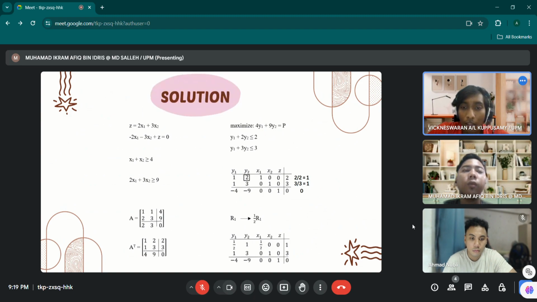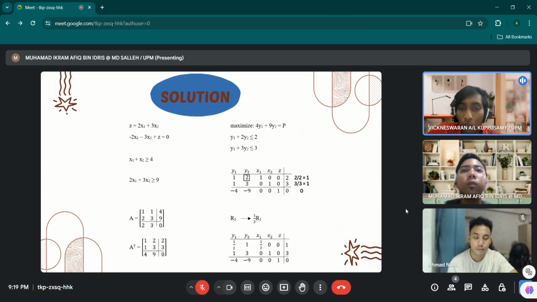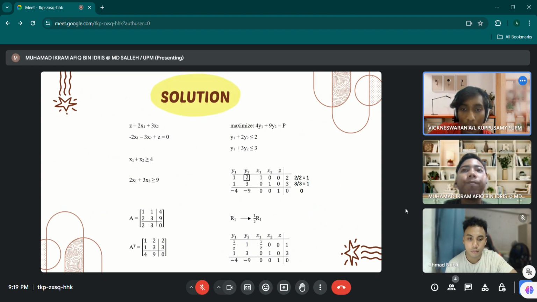The next step is to find the ratio. The ratio is found by taking the right side value of the matrix, which is 2. This 2 is divided by 2, and we get 1. For the second row, we take 3, and 3 divided by 3 is equal to 1 as well.